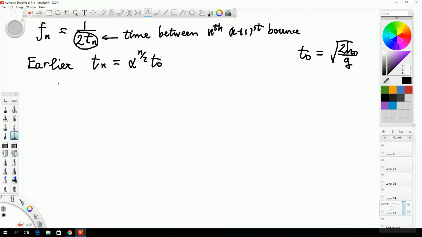Okay, so in particular, fn can be written also as 1 over 2 alpha to the n over 2 t naught. Okay, so this is the expression for the frequency of bouncing as a function of bounce number n, because the n appears as a power of alpha.